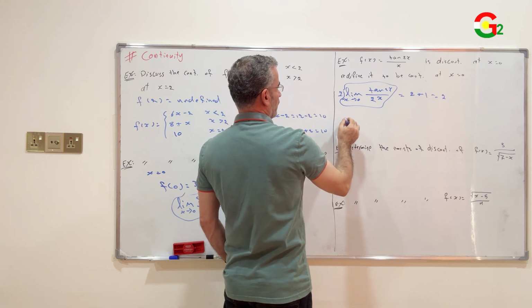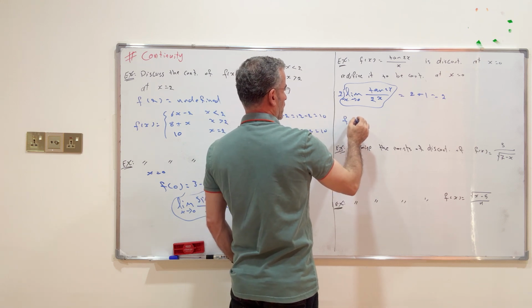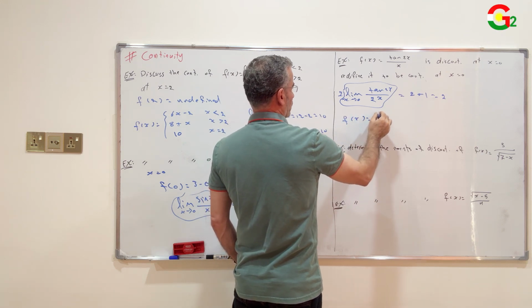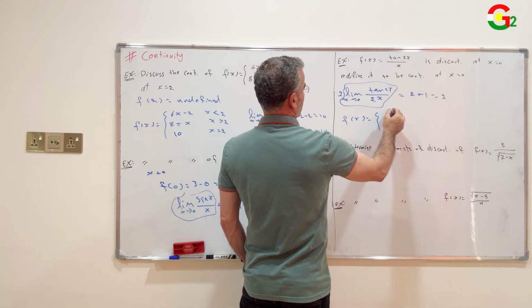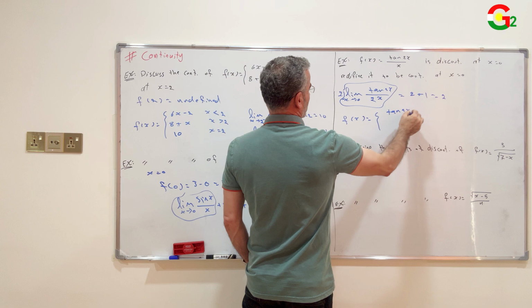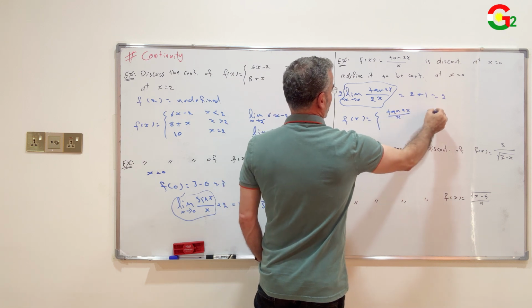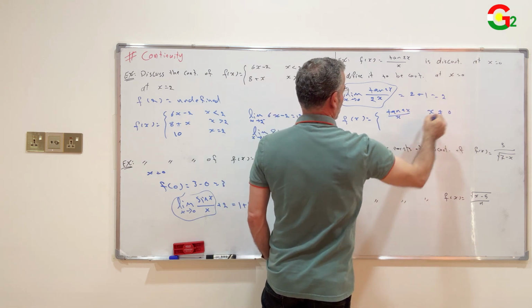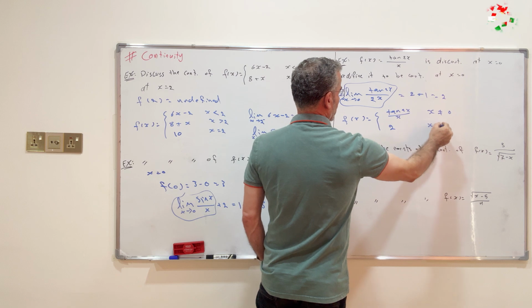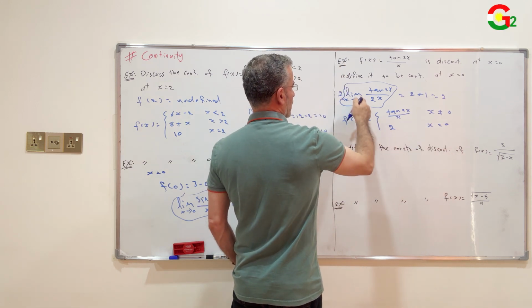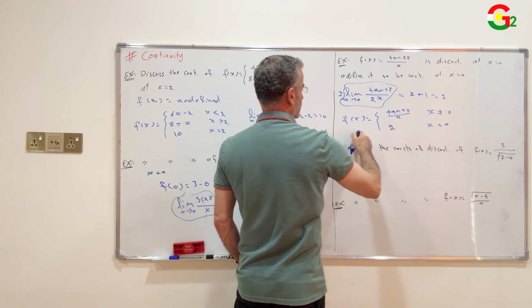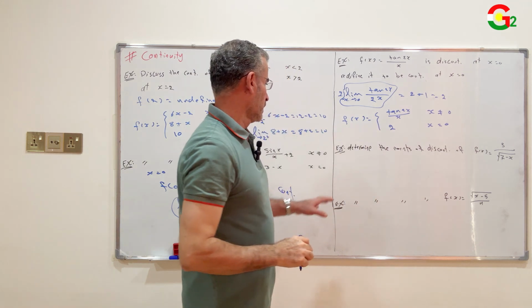Now redefine this function by setting f of x equal to tan 2x over x when x not equal to 0, 2 when x equal to 0. Now f of 0 is 2, the limit also is 2, the function is continuous.